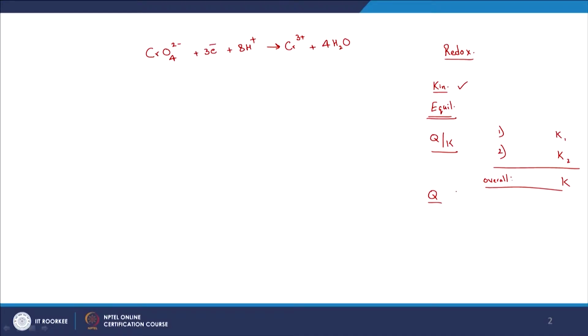The key is that we need to see to it that the number of electrons being transferred is the same in both the reduction and oxidation processes, the half reactions. Then you can calculate Q based on the relevant concentrations in your system. Q will tell you about the present scenario.